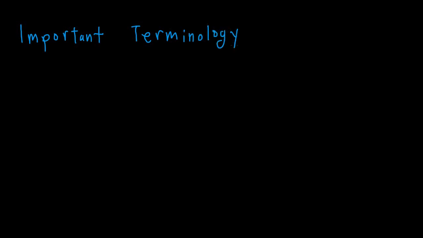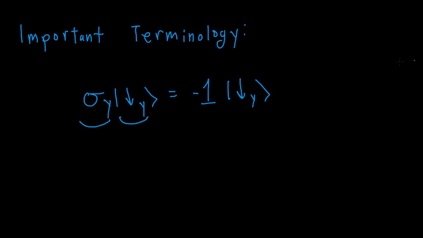All right. So it's time for me to tell you some extremely important terminology. And I guess half of you will already know this. But when you have an equation like sigma sub y acting on the spin down state in the y direction equals -1 times the spin down state in the y direction, when you have an equation like this, you have a matrix acting on a vector and it equals a constant times the same vector, you would call this vector an eigenvector.